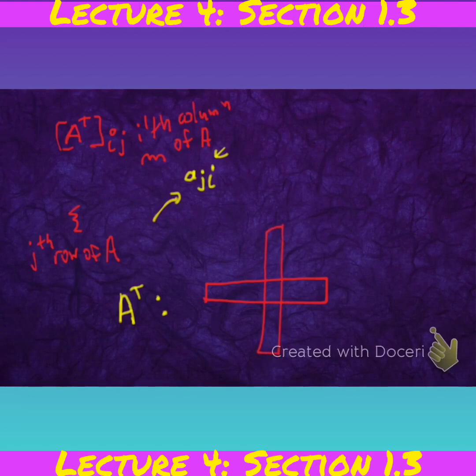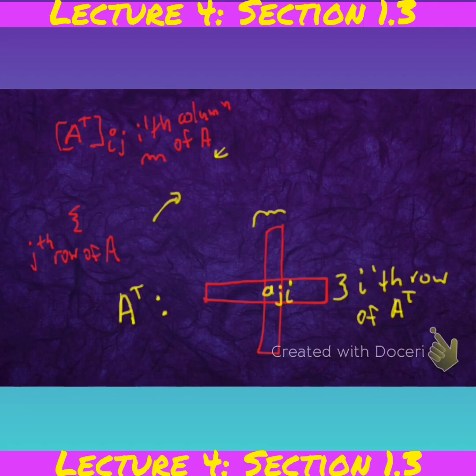So that entry there is going to be the entry in the transpose of A that lies in the ith row of A's transpose and in the jth column of A's transpose.